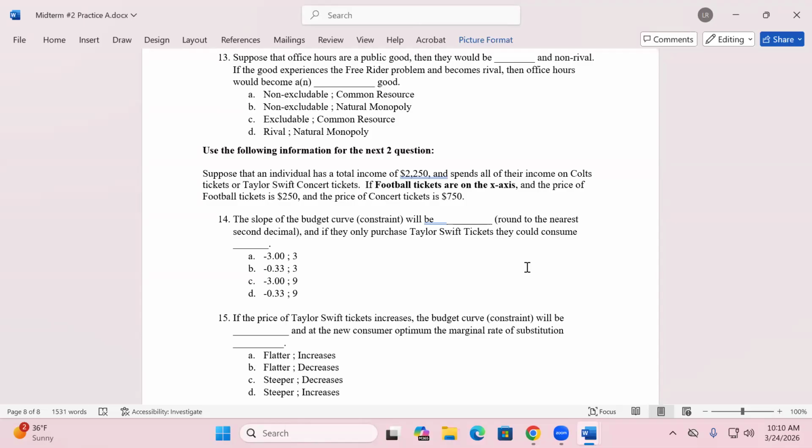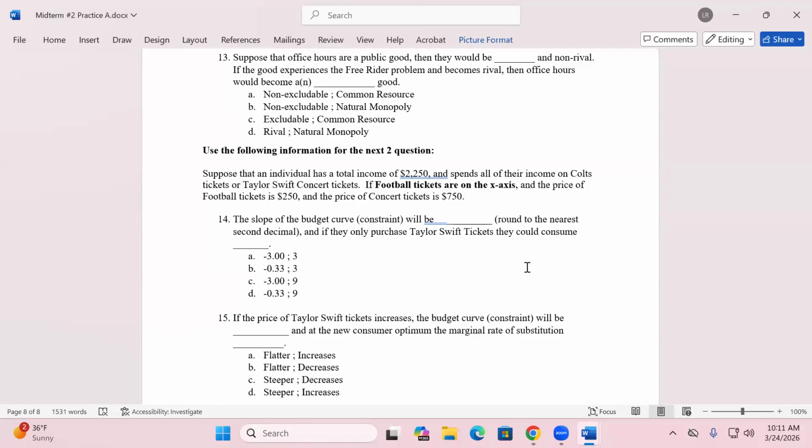So I could do this two different ways, right? If I'm only buying football tickets, how many can I afford to buy? My income over the price of that good. So here this would be what? 2250 over 250, or 9, right? If I'm only buying Taylor Swift tickets, my income over the price of those tickets. So there I would be at a quantity of 3.